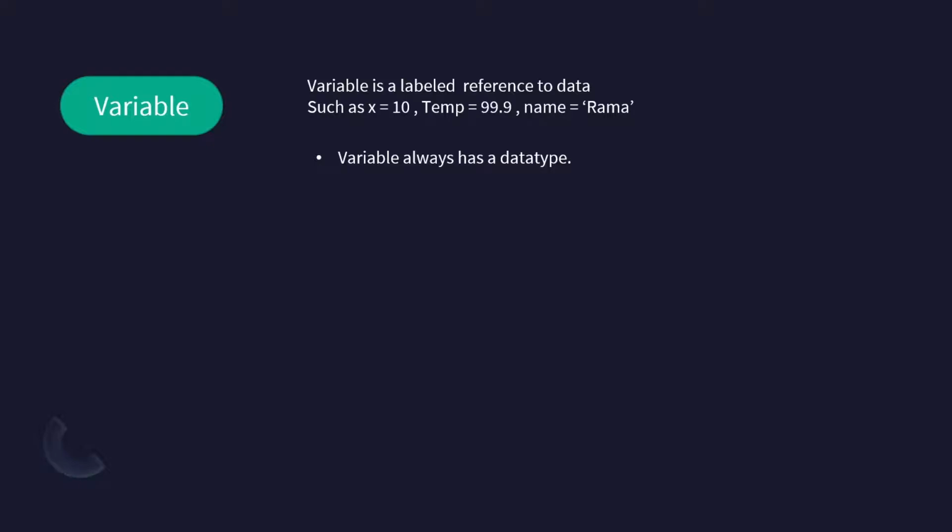And name equals Rama is a string, so name is a string type. If you want to see the type of the variable, just use the built-in type and put the variable inside it. That will tell you the type of the variable being used.